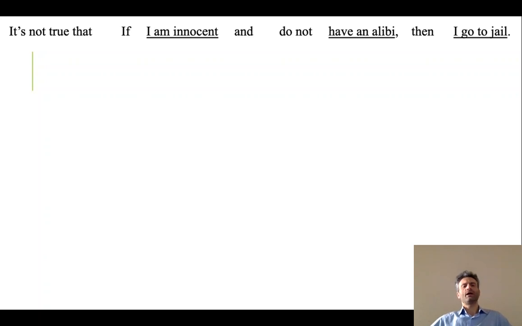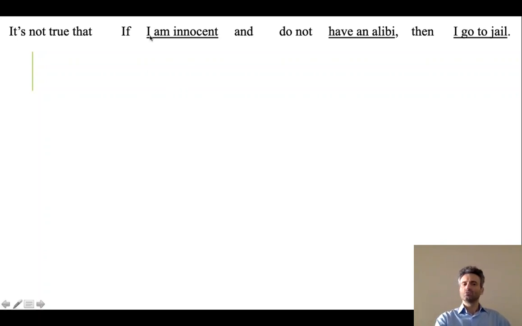It is not true that if and then. We have an if and a then, so we know that we're dealing with a conditional statement. So we have to understand which is the antecedent and which is the consequent.